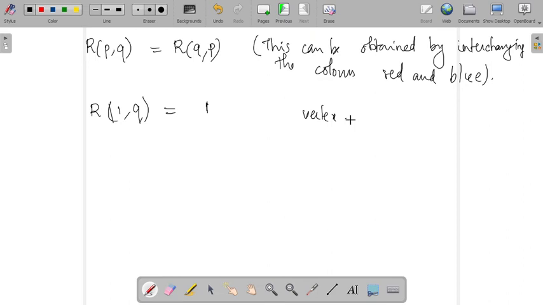So we need to prove that in a one click there is either a one click which is of red color or a Q click which is of blue color. So one vertex വരുമ്പോൾ there will be always a one click in it.